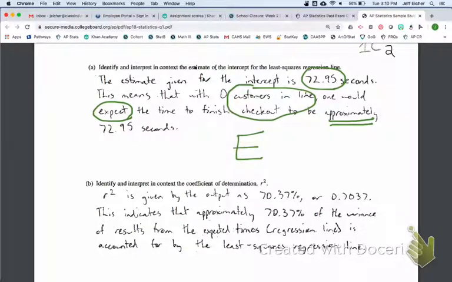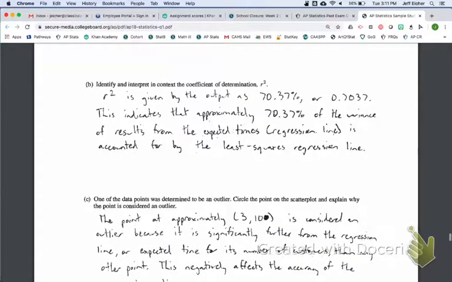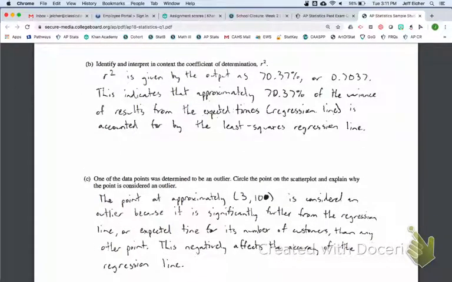Let's read part B now. How do you think that would be scored? First, they did not correctly identify R squared. Looks like they might have used R squared adjusted. Also, the variance of results from the expected times is not the correct interpretation of R squared.